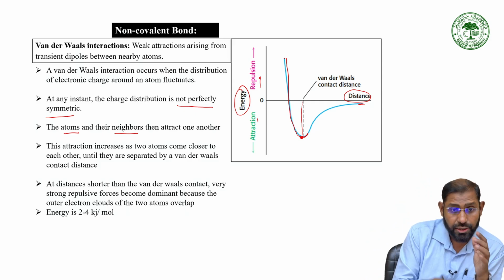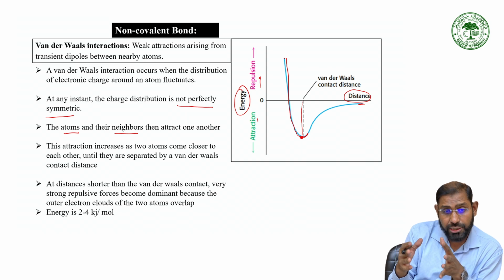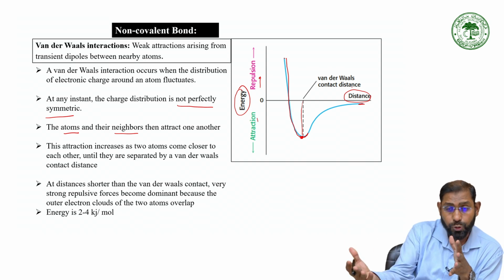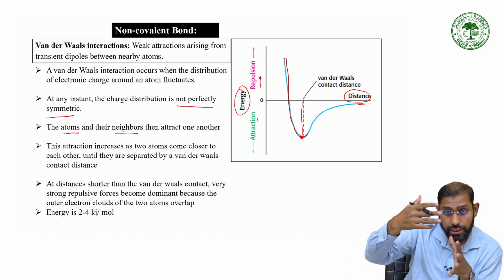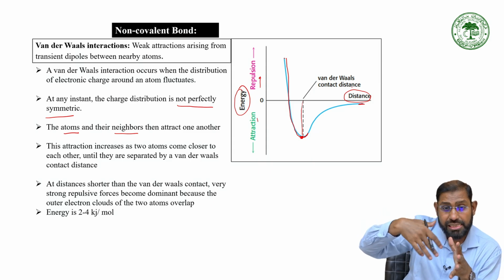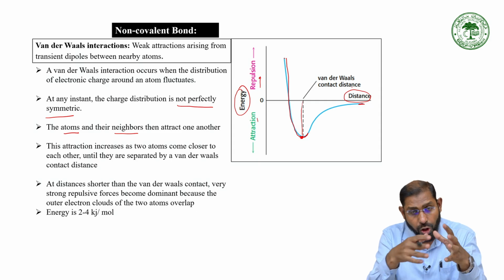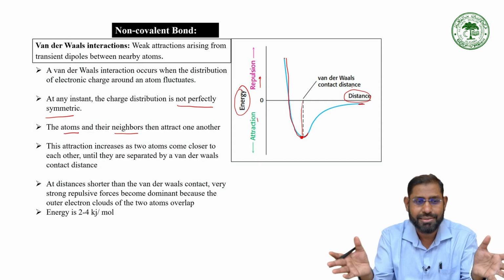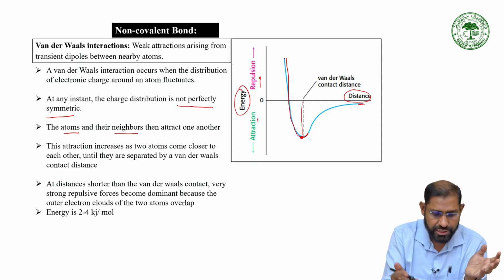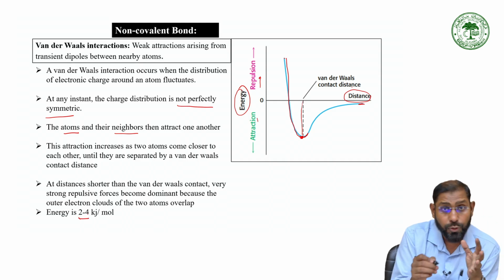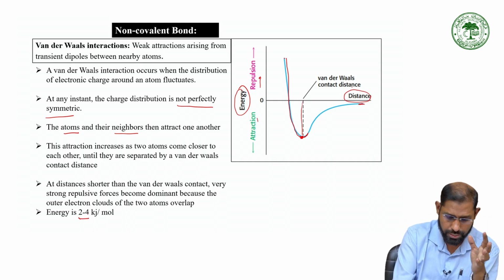At a distance shorter than the van der Waals contact, very strong repulsive forces become dominant because the outer electron clouds of the two atoms overlap. That overlap of outer electrons, which are negatively charged, causes repulsion. The energy is 2.4 kilojoules per mole.